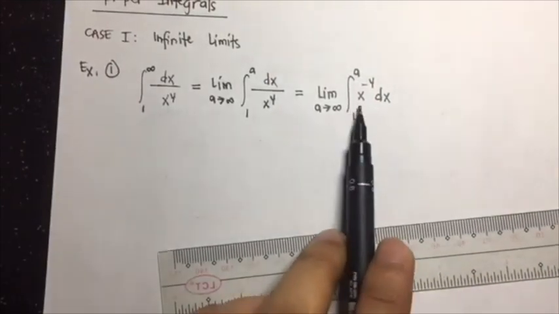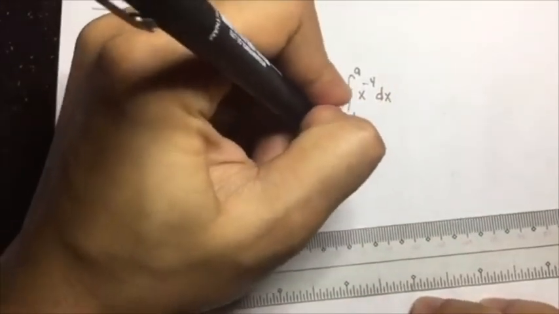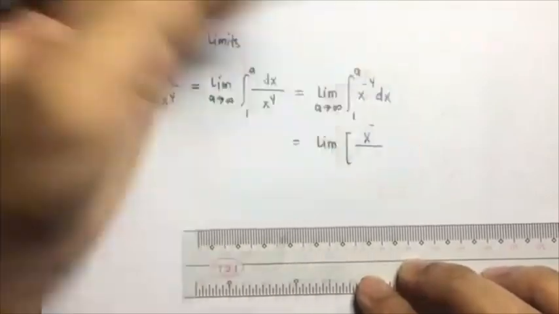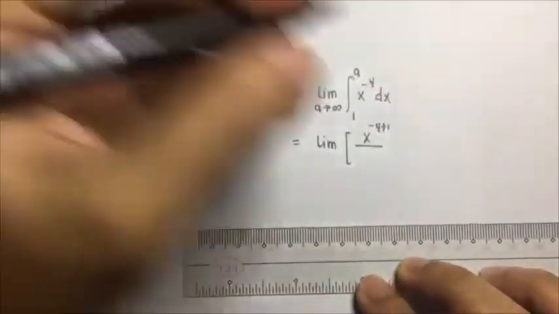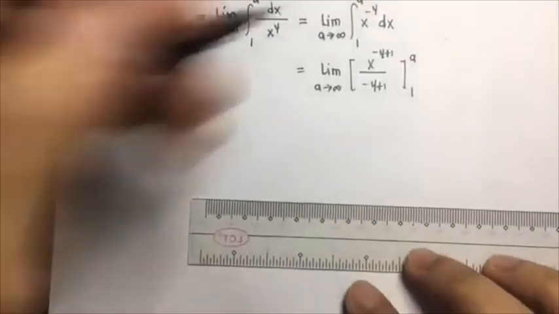Proceed with the integration. Using the power formula, it will be x raised to negative 4 plus 1 over negative 4 plus 1, from 1 to a as a approaches infinity.